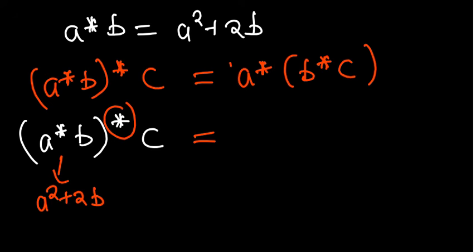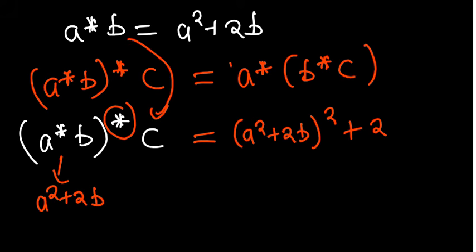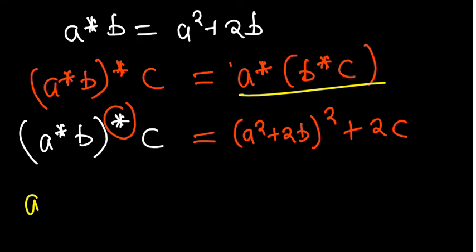So substitute in the equation. Where there is a, we're going to put a squared plus 2b, squared, plus c. Where there is b, b is matching up with c, so we have 2c.